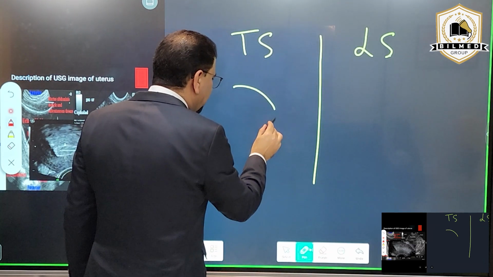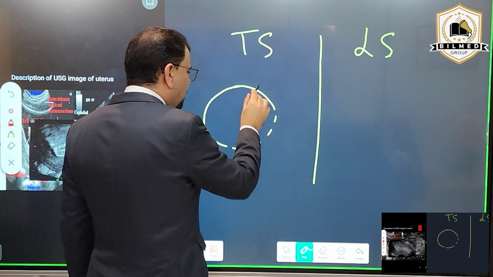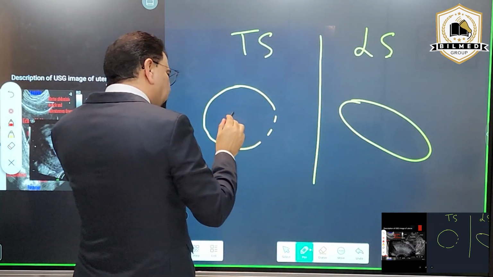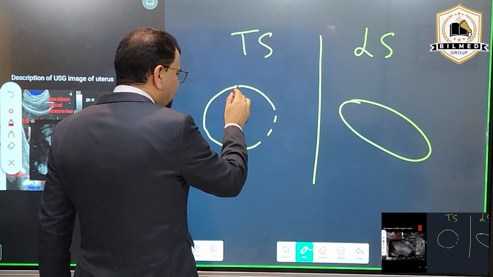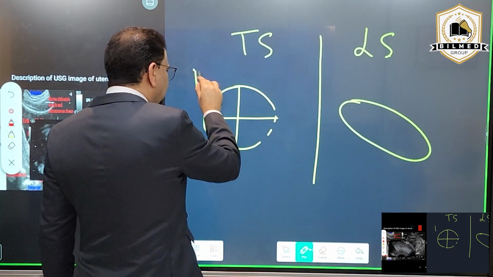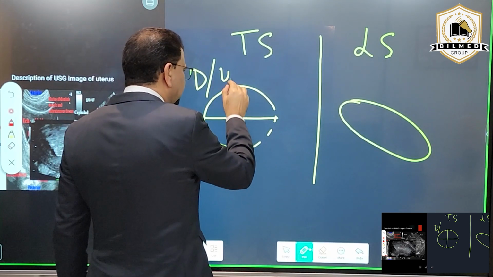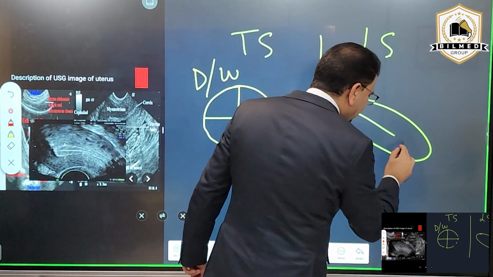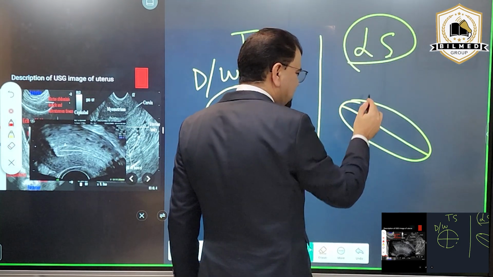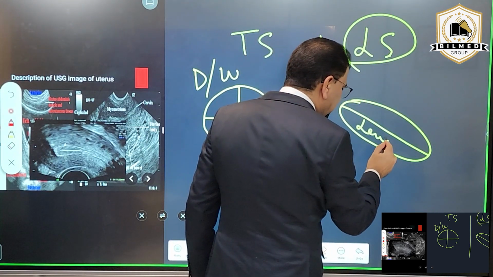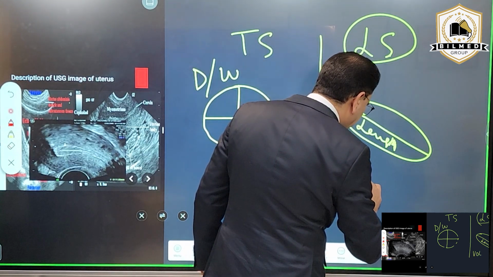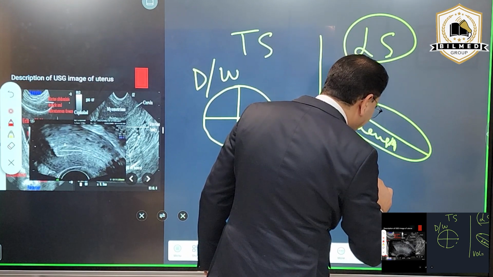In transverse, it will be more round or oval, and over here it will be more in length. When I measure from here to here, I am taking depth and width. And over here, when I am taking this length in longitudinal section, this is important. Then only the machine will give you the correct actual volume.